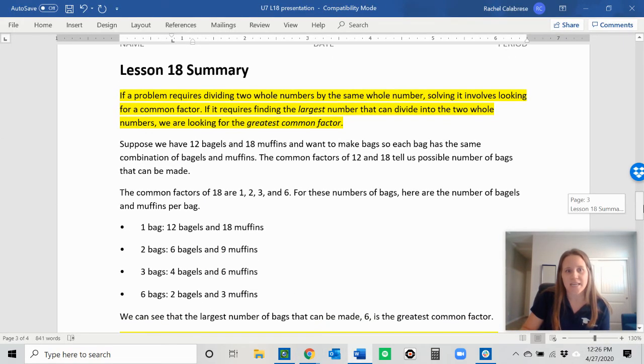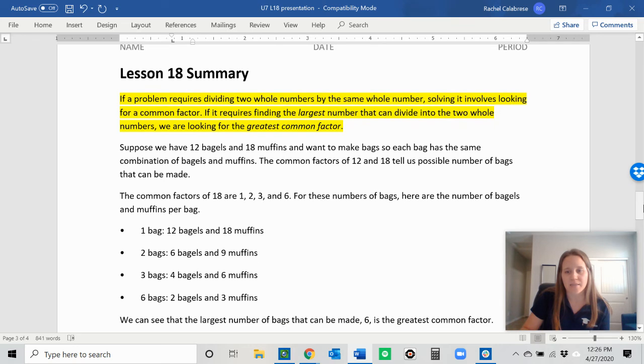Okay. Here is part of the lesson summary. I want you to go ahead and read that silent solo, and we'll come back together in a moment.